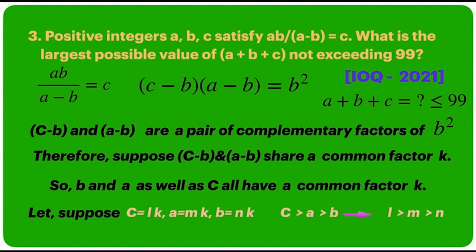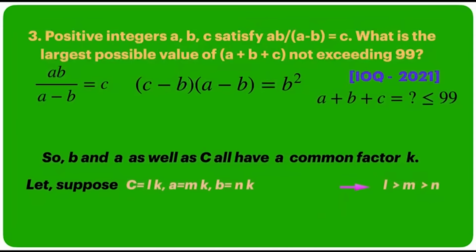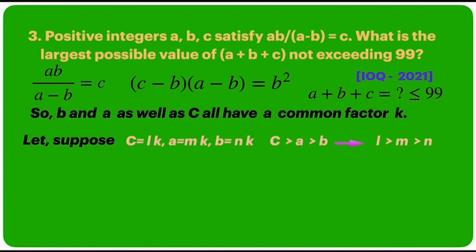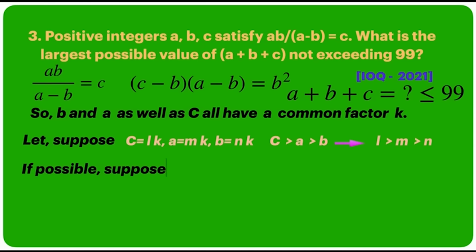We can suppose it if possible, isn't it? So suppose, if possible, a plus b plus c, that is lk plus mk plus nk, is equal to 99, because the sum of their values will be up to 99. So first we can take this value as 99 if possible.